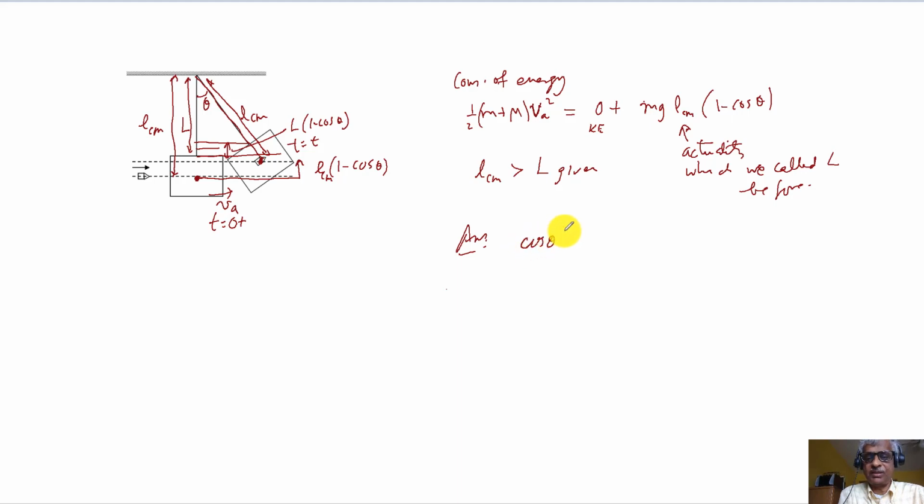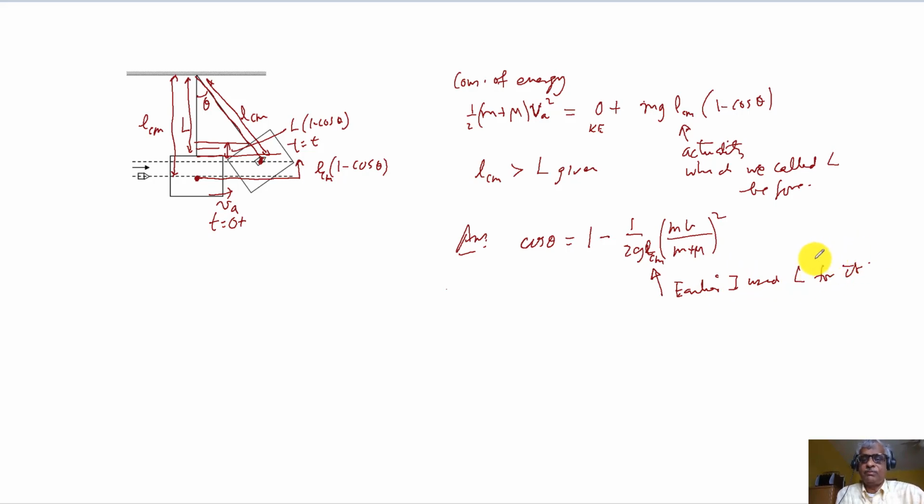Let me look up the answer. So the answer will have L_CM here, and earlier I used L for it, but it should be L_CM.